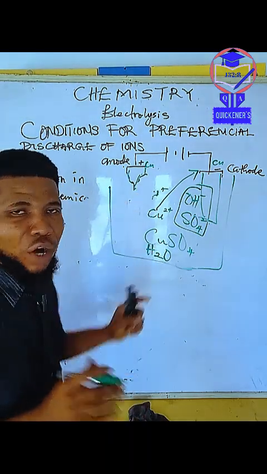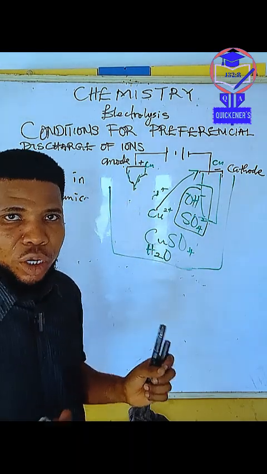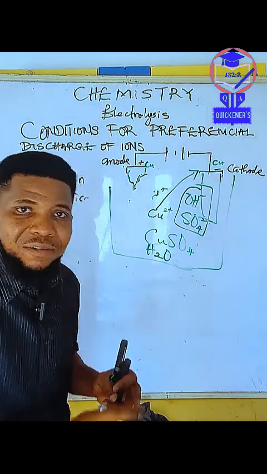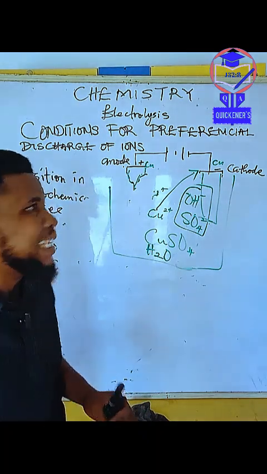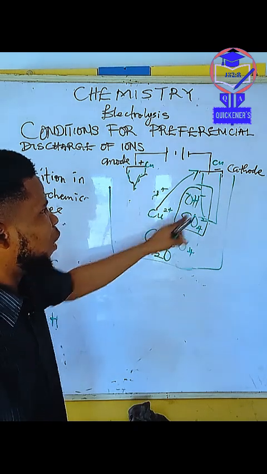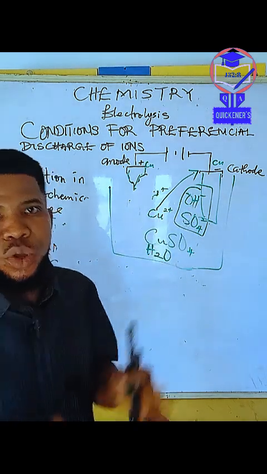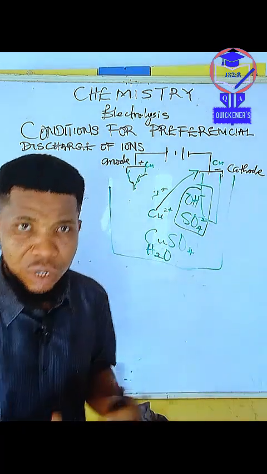Why? Because of the nature of the electrode. It's a simple explanation: the energy for copper to dissolve is far lower than the energy for any of these to be discharged. So the one that has the lesser energy will have the flow. You understand what I'm saying?